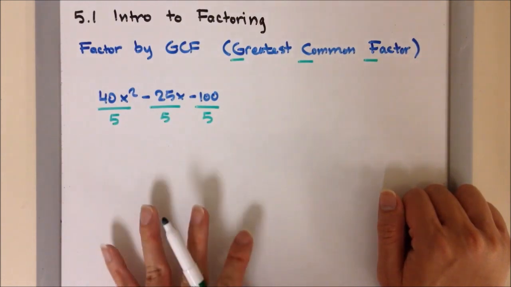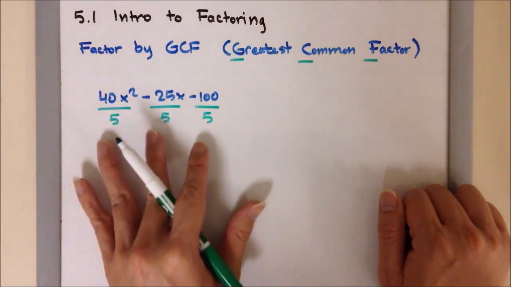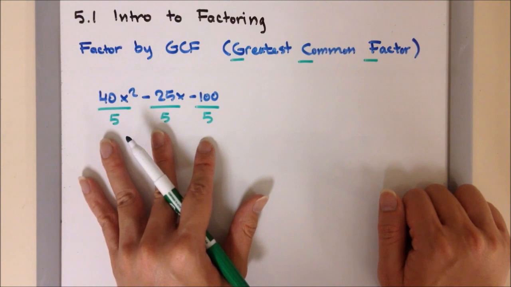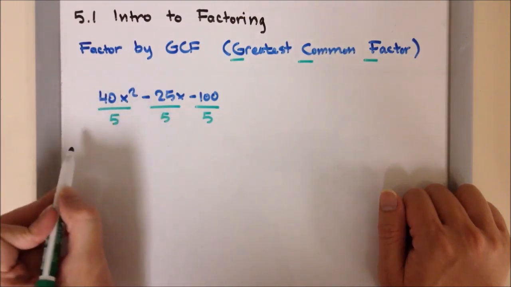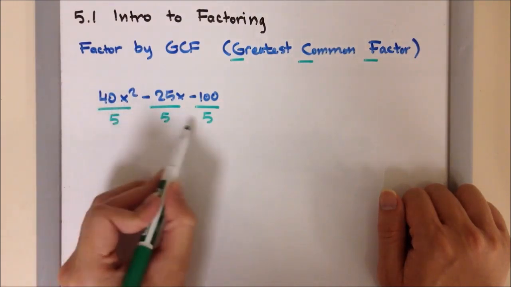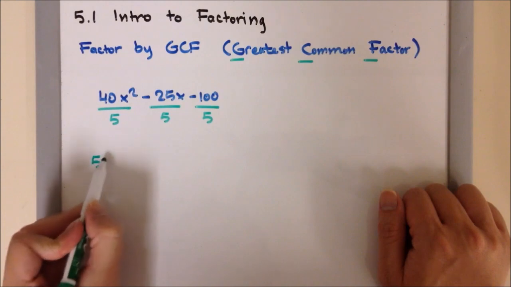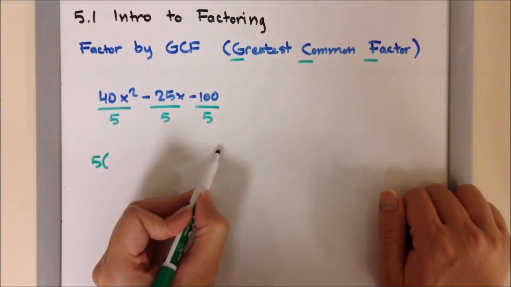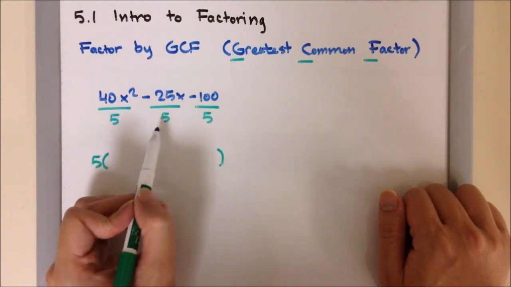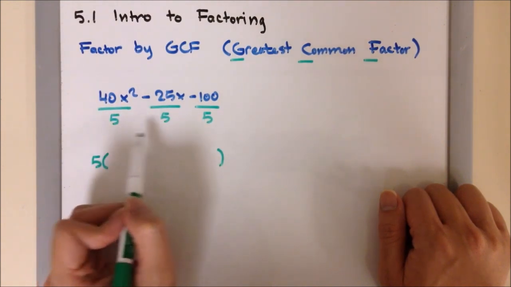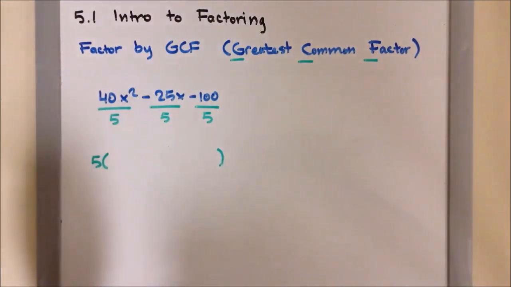Our common factor is 5, so I'm going to undistribute 5. Anything that I'm undistributing or dividing by the common factor will be outside the parenthesis.